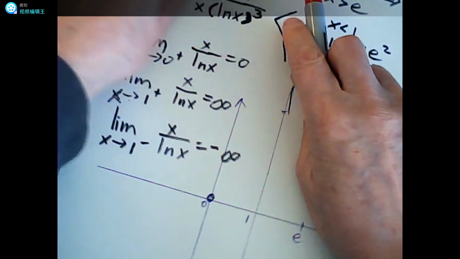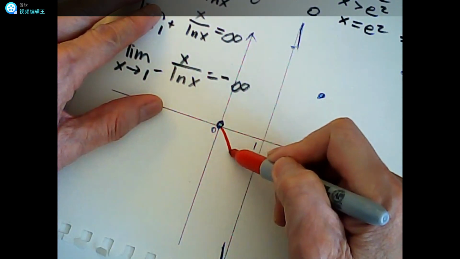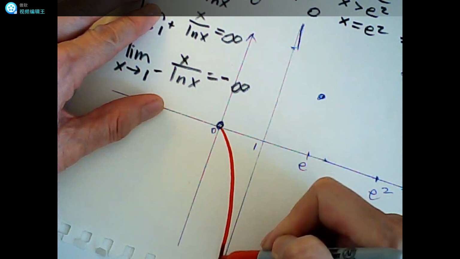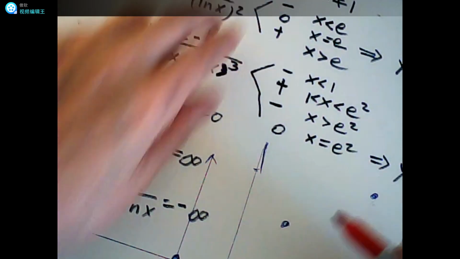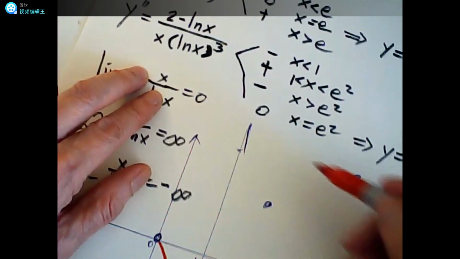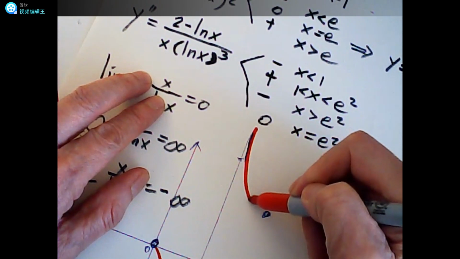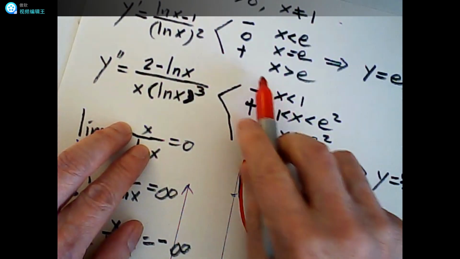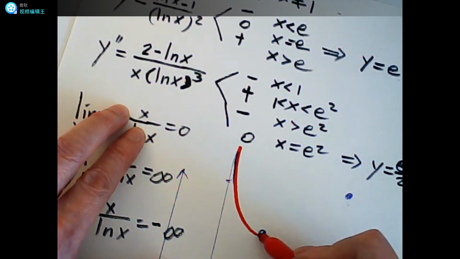Okay, first derivative is negative, so it is decreasing. And this is 0, which means the minimum. Then increasing after e, right? Increasing after e.